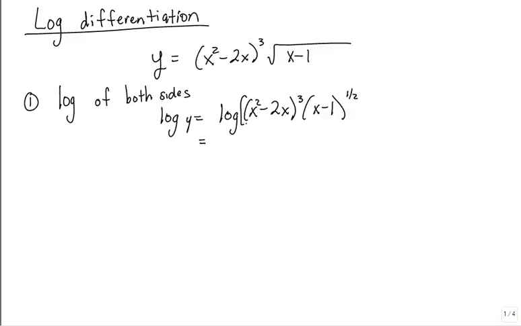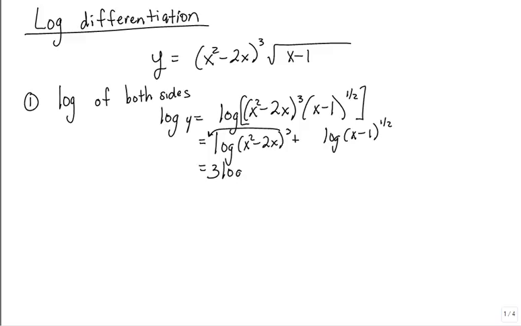Well, remember, multiplication changes to addition. The exponent can come down in front. So again, we're making this more simple. Then we do implicit differentiation.